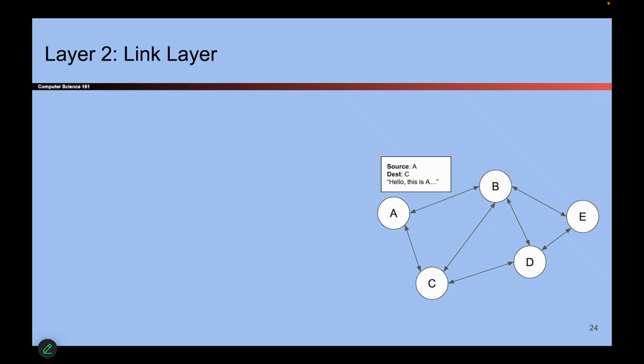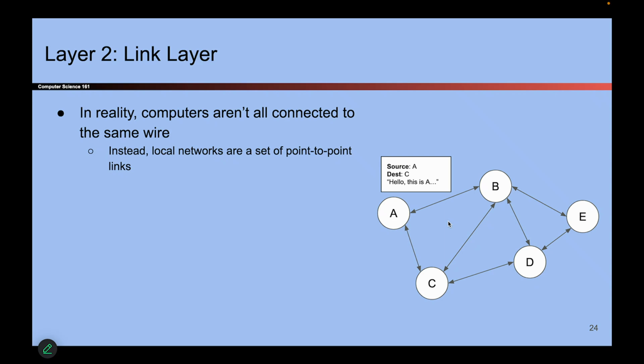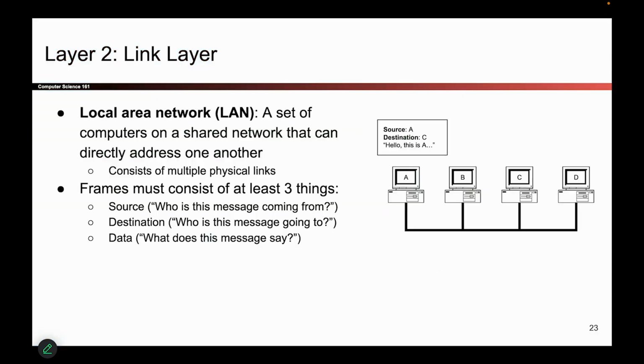Now, one quick note about layer 2, although we won't spend a lot of time here either, is that in reality, you don't have to connect everyone up with a single wire like this. So you could also use a sequence of multiple wires or wireless links to connect up a local network. So this picture is also a valid depiction of a local network, just like this one was.